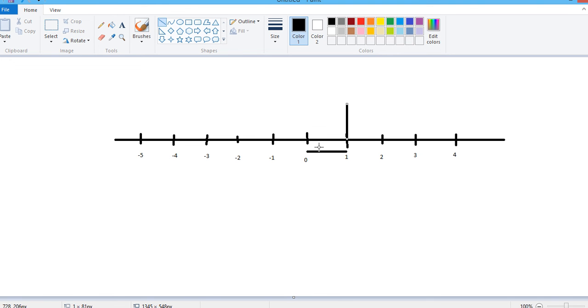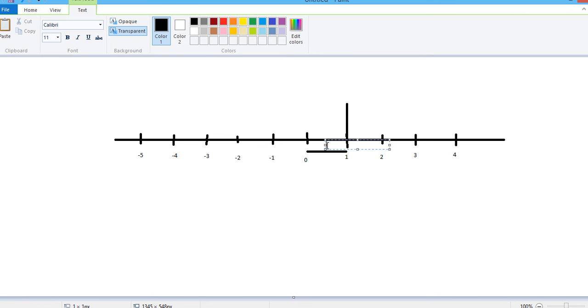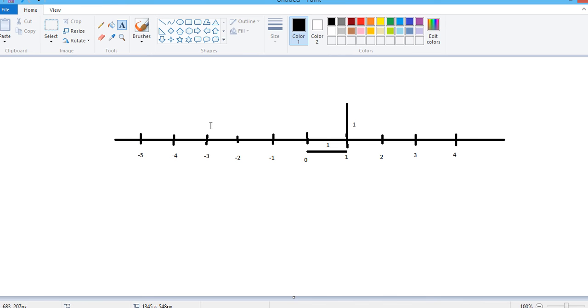So this length is 1, this length is 1, and this length is also 1, right? And this is perpendicular as well, so this is 90 degrees, and now I am joining these two with a line.